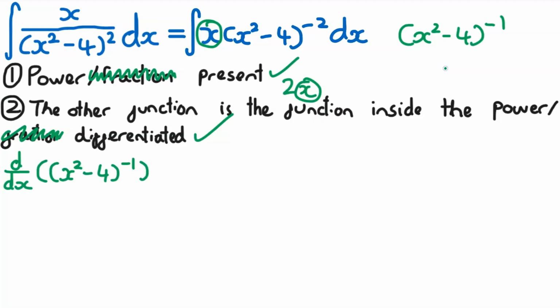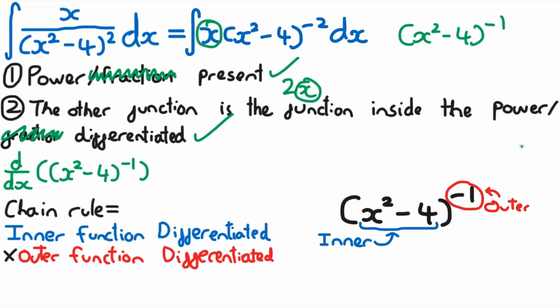And we're going to differentiate this x squared minus 4 to the power of minus 1. So we're going to use the chain rule like before, where the inner function is this x squared minus 4 and the outer function is the minus 1. So the chain rule is the inner function differentiated, so this x squared minus 4 differentiated, we already did this, minus 4 just goes away, and this x squared becomes 2x, and then this is going to be multiplied by the outer function differentiated, so this power of minus 1 is going to come down like this here to the coefficient.